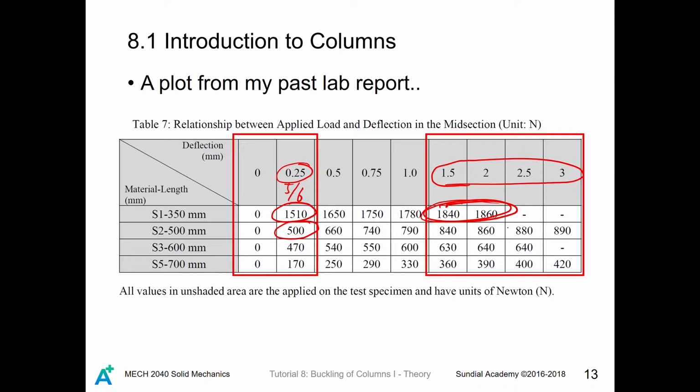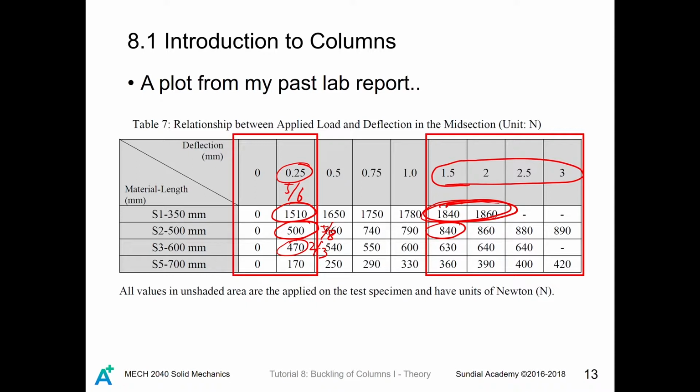Okay, so the same for this one. It is about 5/8, I guess, and 2/3. Okay, around that level. Then still, to some extent of critical load, the deflection was still very small. But if we make the column exert a load which is near its critical load, then the deflection will increase significantly.